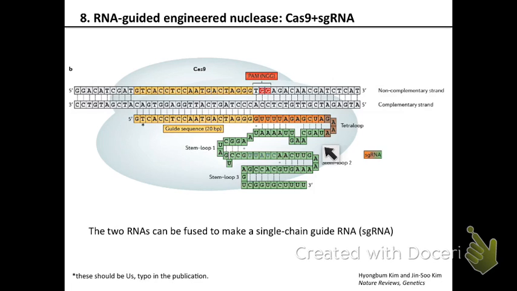So that's just a technical way of making things a little bit easier for molecular biologists. If you work in labs nowadays, this is what you're going to talk about a lot, which is the single guide RNA, a fused RNA that takes the tracrRNA and fuses it to the guide RNA, which contains the guide sequence. So you can make this complex of Cas9 with the single guide RNA, and it's going to work just as well as the separate ones. Okay. All right.